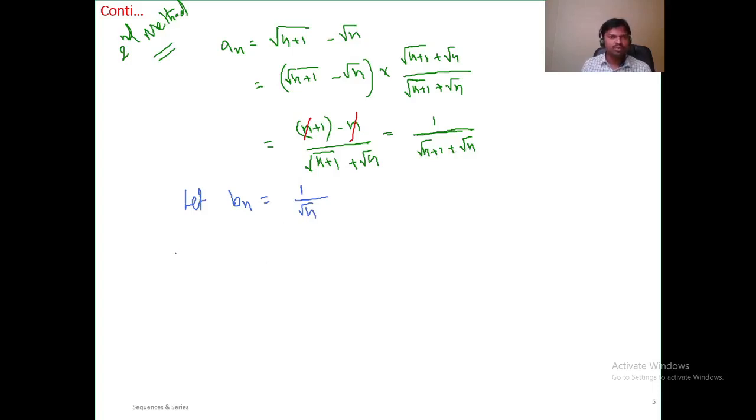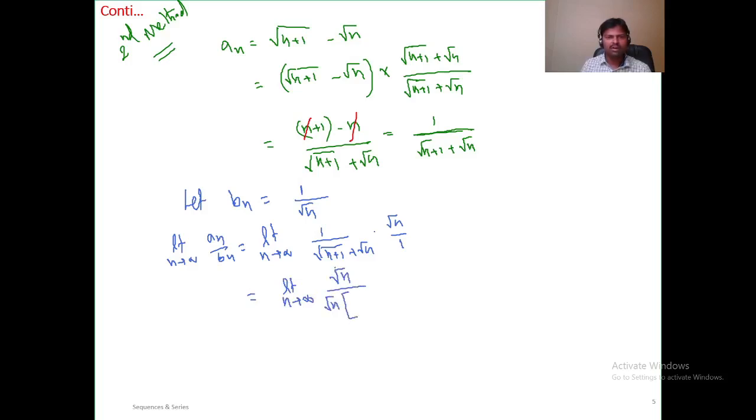So let us compute now the ratio, the limit of the ratio. So limit as n tends to infinity of an upon bn. What is an? An will be 1 upon root n plus 1 plus root n, into root n by 1. Okay, so now limit n tends to infinity, root n divided by denominator, I am taking one root n common.